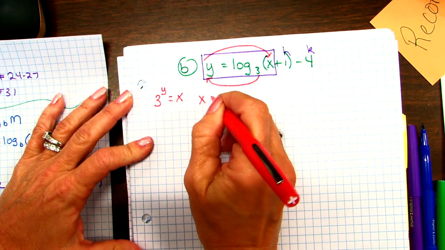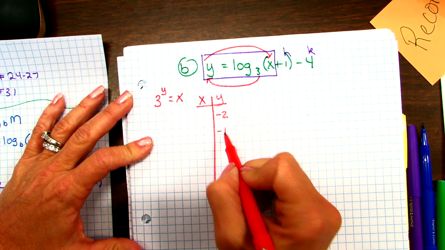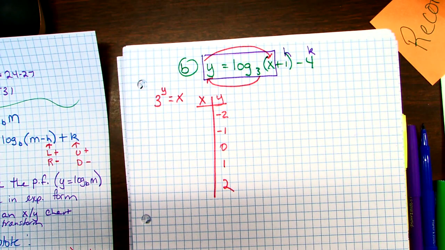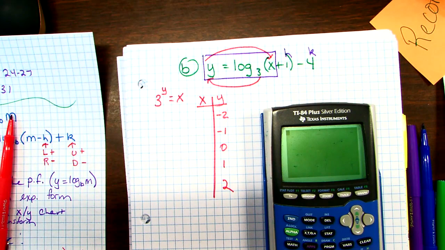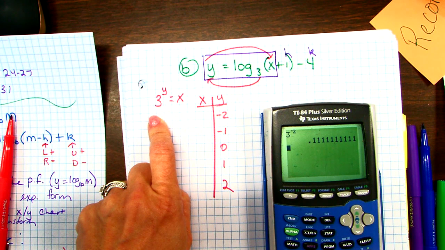And we make an xy chart, plug into y. And what's nice about these calculators, you can save yourself some time. You don't have to do one at a time. Do a few at a time. A few answers will fit in here. Like 3 to the negative 2, if you want to write it as a decimal. If you want to write it as a fraction, there's 1/9. 3 to the negative 1.